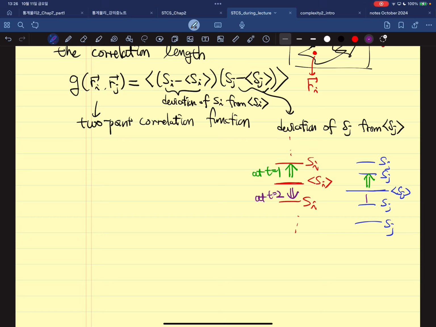Because these two variables are strongly correlated, the direction would be the same. Of course it's possible to have a different direction, but if we assume that these two variables are highly correlated, they tend to move together. That is the most important part.